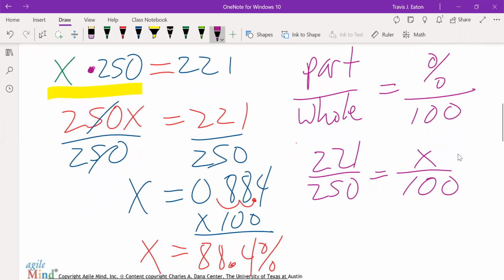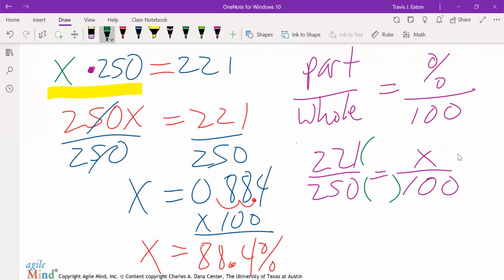Now, we already know what it is based on what we did in our equation, but still, let's take it a step further. Here I got this really great proportional equation set up, right? I've got 2 ratios that are equivalent to each other. Now, what I have to do is, how do I convert? What do I multiply 250 by to make 100?